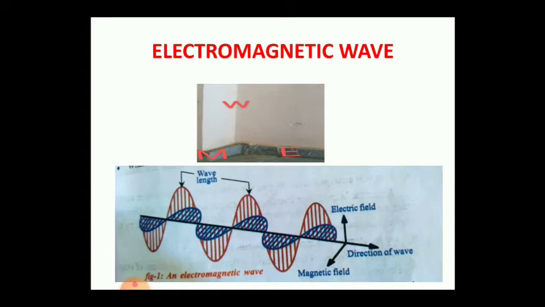In the same way, you can observe in the second picture, direction of wave is perpendicular to the electric field direction and magnetic field direction. But this cannot be shown on a paper because it is a 3D matter.